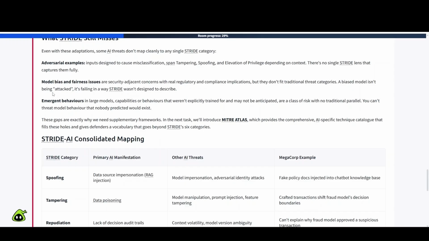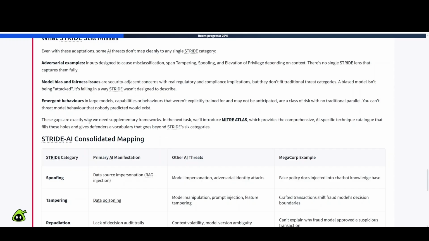A biased model isn't being attacked, it's failing in a way STRIDE wasn't designed to describe. Emergent behaviors in large models, capabilities or behaviors that weren't explicitly trained for and may not be anticipated, are a class of risk with no traditional parallel. You can't threat model behavior that nobody predicted would exist.